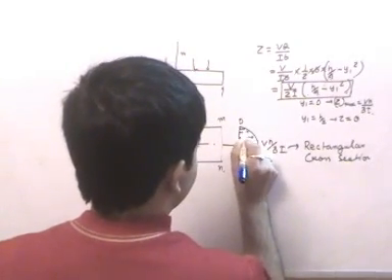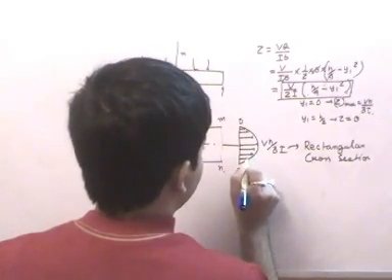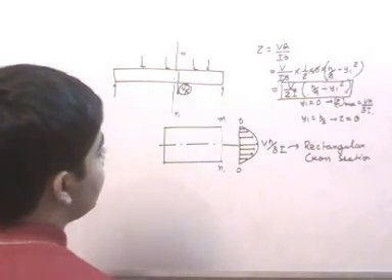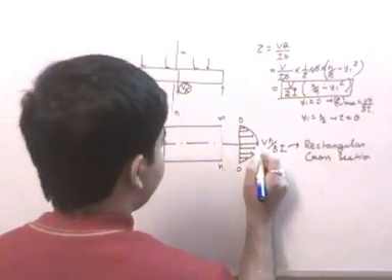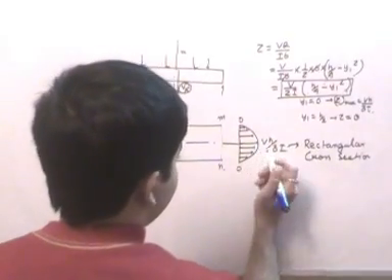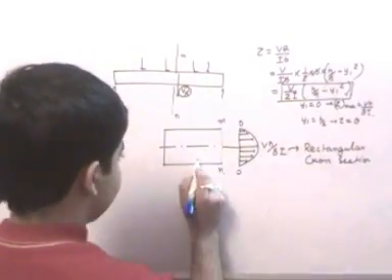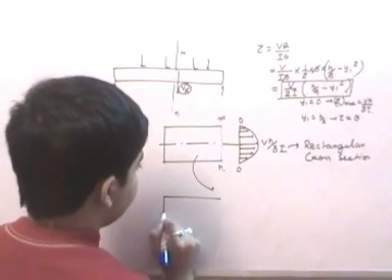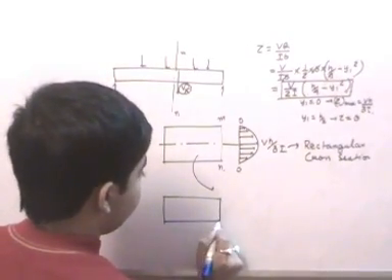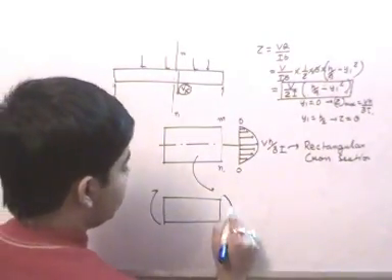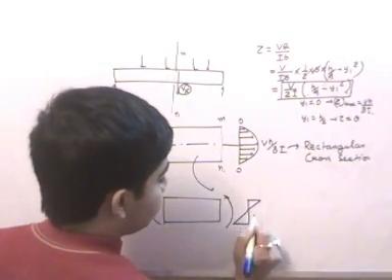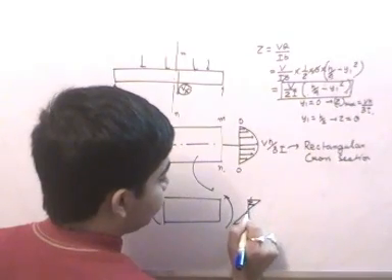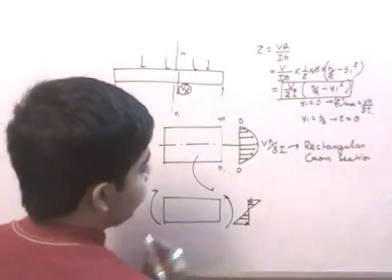So the shear stress will be some kind of a parabolic function with the shear stress being 0 at the top, and at this point it's having its maximum value. And as we have seen also, the normal stress will be some kind of a function like this, where if this is my sagging moment, then the top portion will have compressive stress and the bottom portion will have tensile stress.